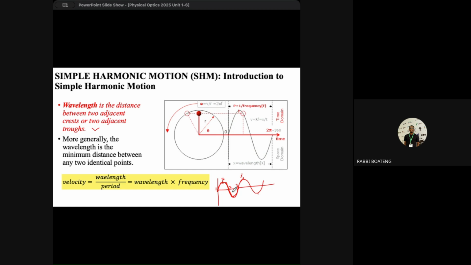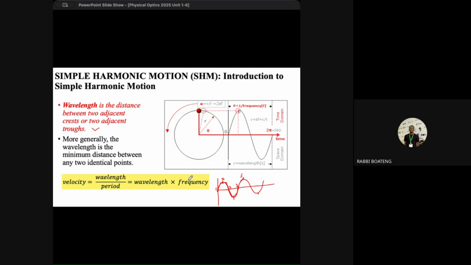So wavelength is talking about the distance that we have completed for a particular full cycle. Whether you define it as crest to crest, trough to trough, or starting from 1 and ending at 3, they are all wavelength. We want to know the length that we've completed for only one cycle. Starting from 1 to 3, I've completed one cycle. Starting from 4 to 5, I've completed one cycle.